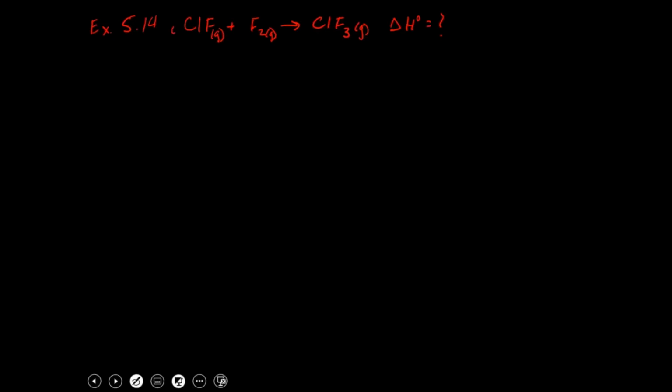It calls this 1, and then reaction 2, 2OF2 gas becomes O2 gas plus 2F2 gas, and this one's delta H equals negative 49.4 kilojoules.